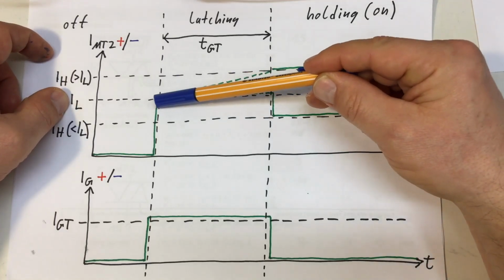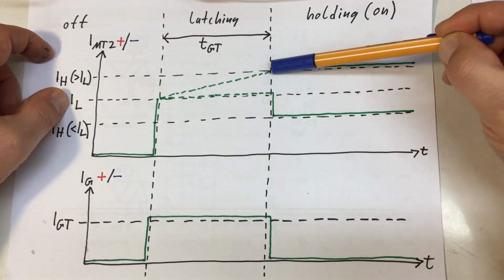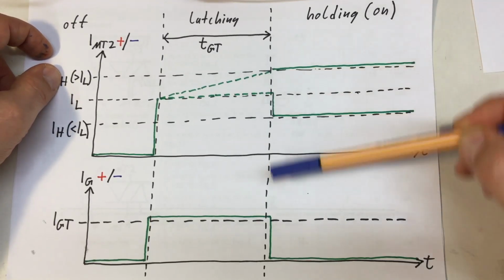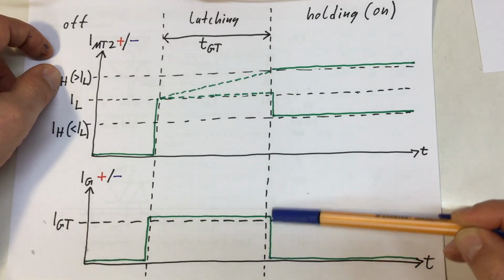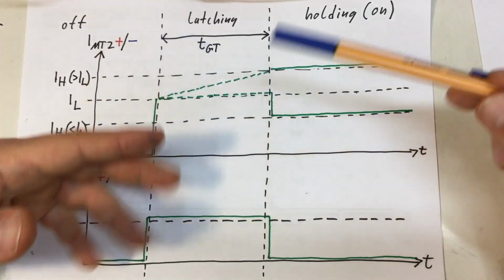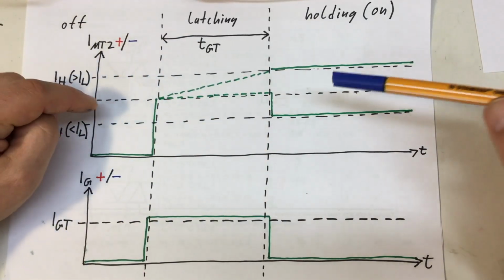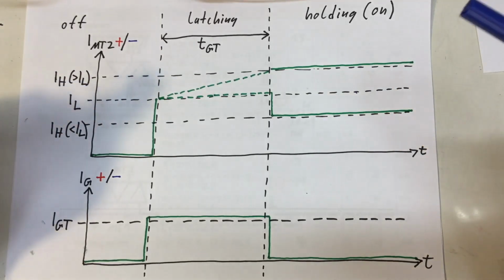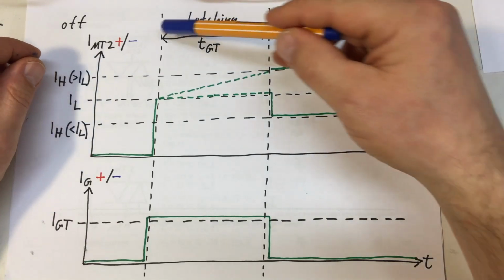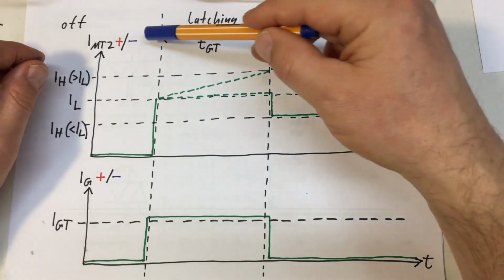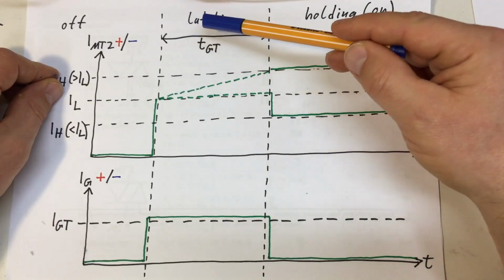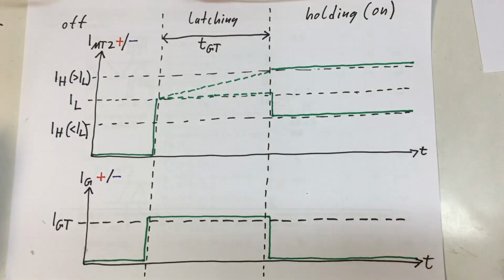Yeah, we start with the latching current until it reaches the holding current at the point of time when we no longer apply any current to the gate. Yeah, I guess at that point it's time to get out the oscilloscope and have a detailed look at what's happening during that latching. And yeah, what that parameter TGT is all about.